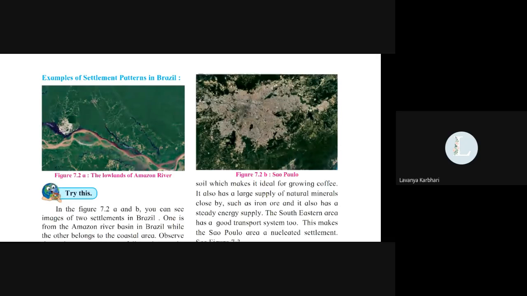And here in Sao Paulo you can see that whole white part. Okay, this is nothing but the nucleated settlement. Okay, all the people are here. Okay, very dense population over there.